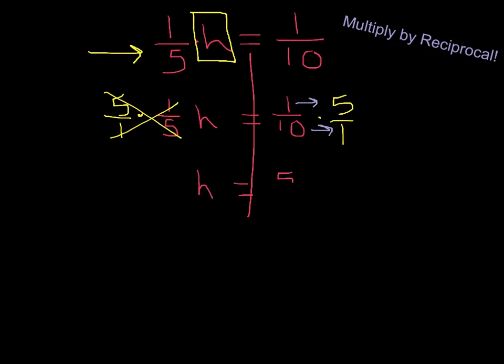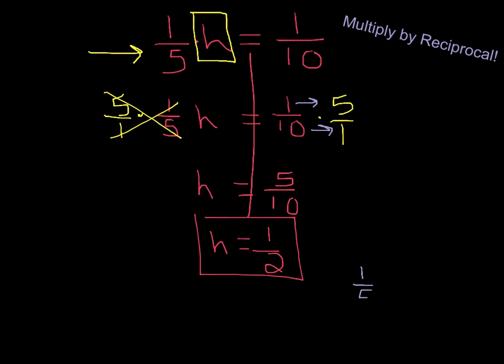So that is 5 over 10, which equals, h equals 1/2 after you simplify it. Always check it. Let's see, what is 1/5 times 1/2? Well, it makes sense. It is 1 over 10.